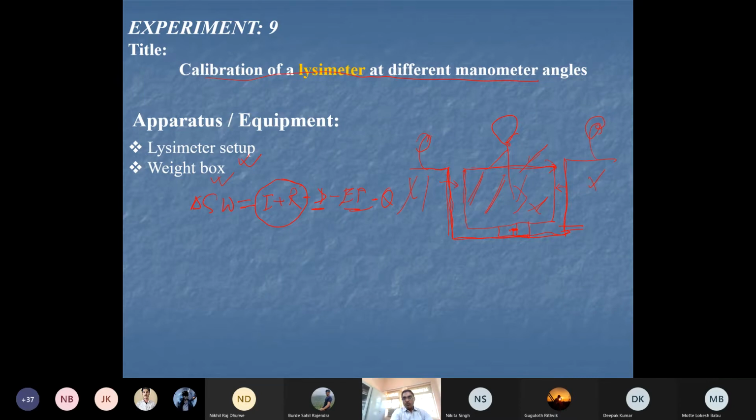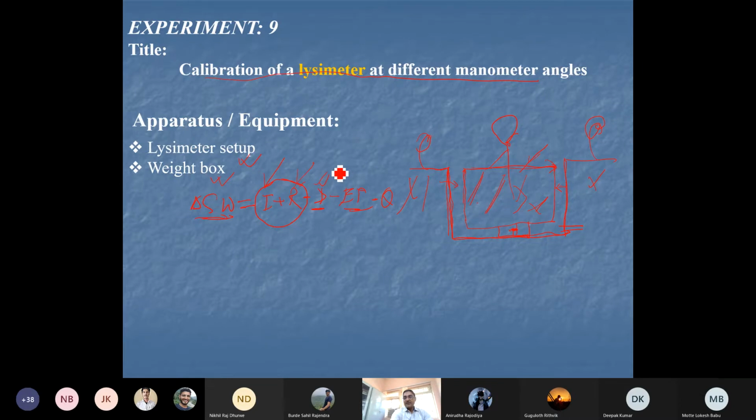So if we know how much has been added as irrigation, if there is any rainfall, and if we measure the weight, the change in soil moisture, that is the change in weight of this system, that is the weighing mechanism we have.